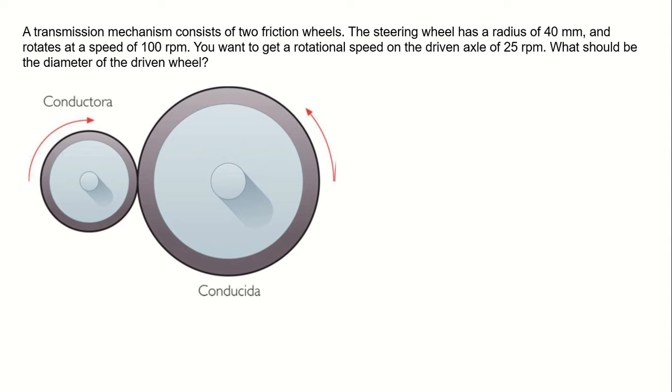So if it's 25 and the driver is 100, it seems that it's a reducer. So the driven will be smaller than the driver. Okay?